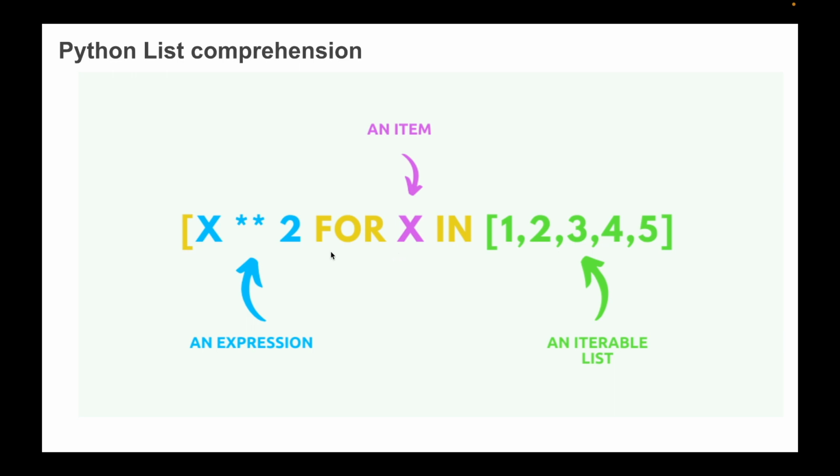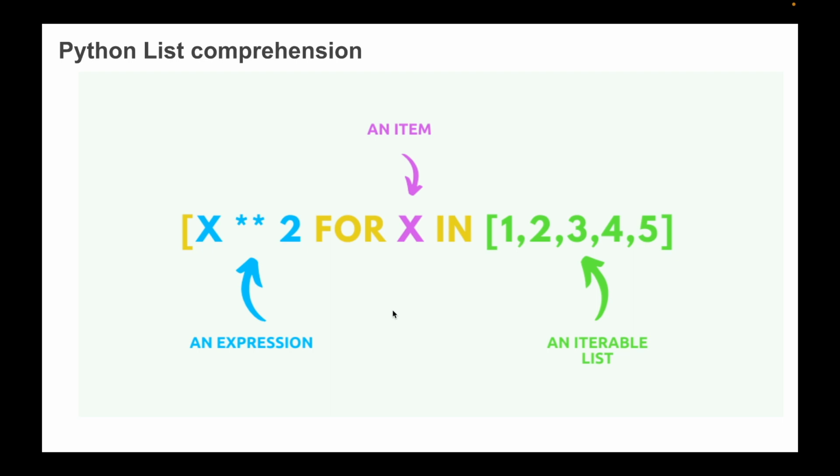You have the for loop, and then you have the iterating list. This is the normal syntax for the for loop, as you can see: for x in this kind of list. We've all seen that. But we have this at the front, which is basically saying for x in this list, perform this operation and store it as each element in the list.